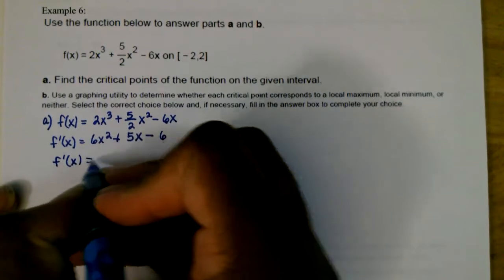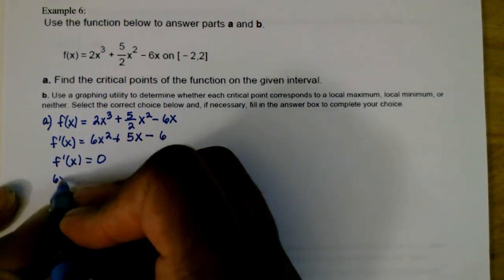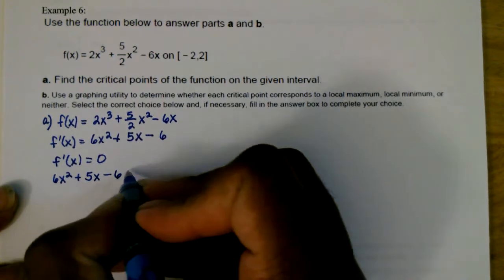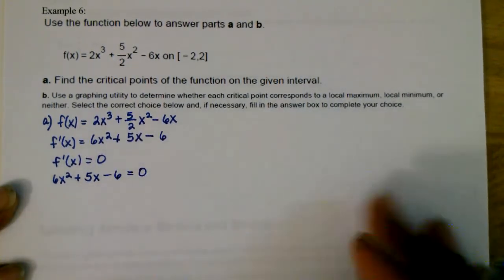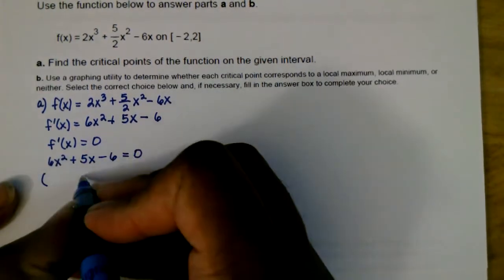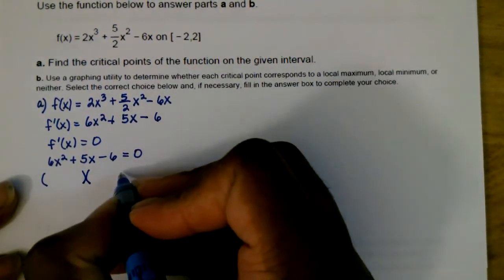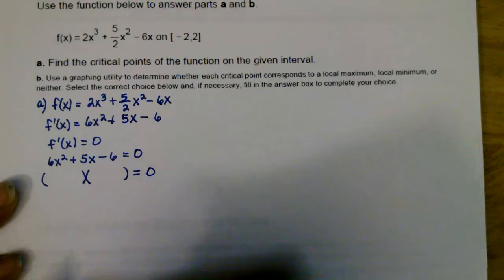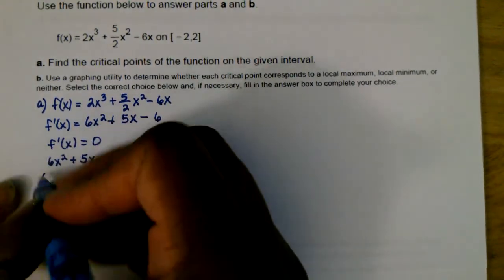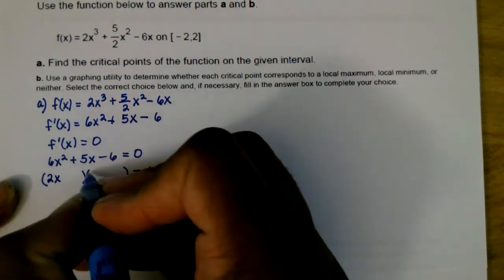We set that derivative to be equal to 0, so that means 6x squared plus 5x minus 6 is equal to 0. And trust me when I tell you this, we can factor this into 2 binomials here. The 6x squared, I'm going to use 2x and 3x.